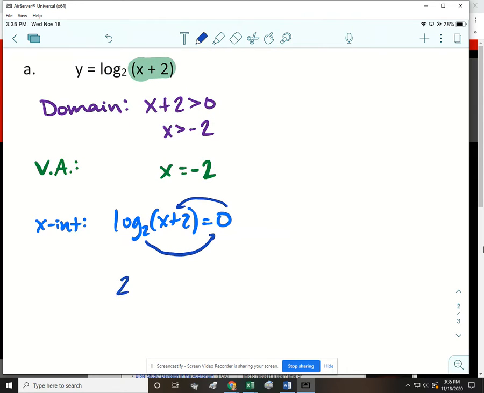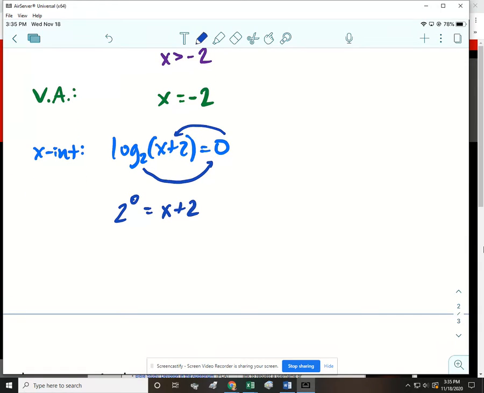It would be 2 to the 0 equals x plus 2. It's the same thing we did yesterday, just a little more complicated. Then 2 to the 0 is just 1. And when I solve that for x by subtracting 2, I get negative 1. So that's going to make our x-intercept the point negative 1, 0.